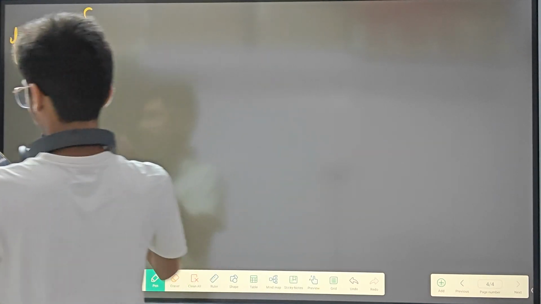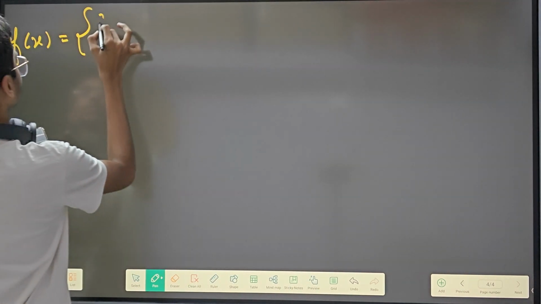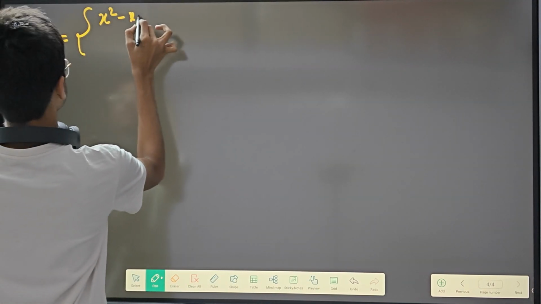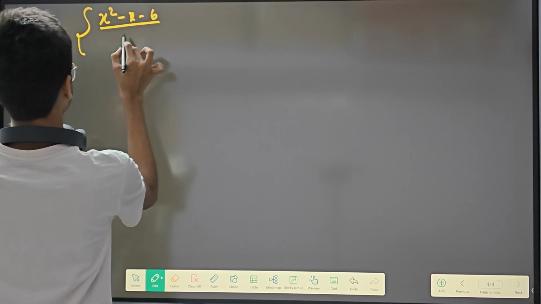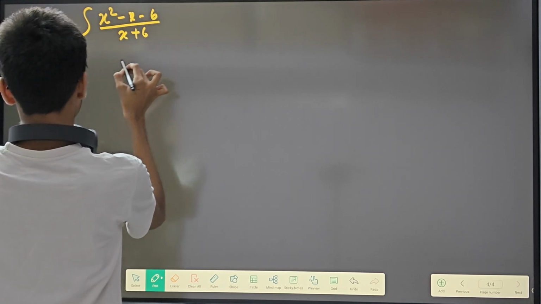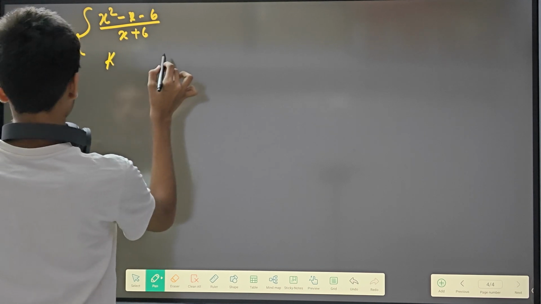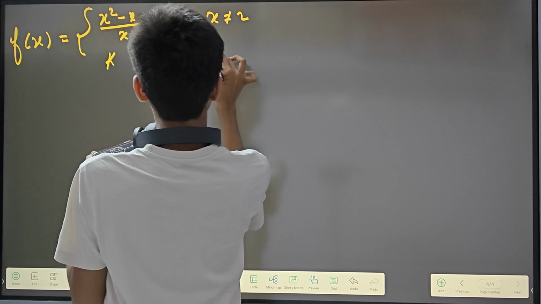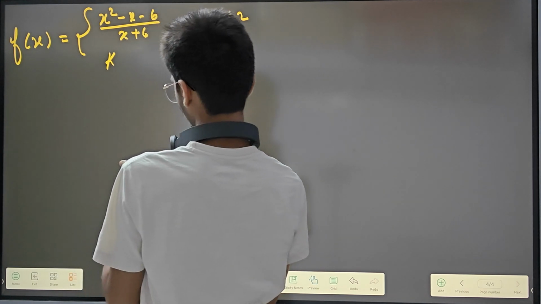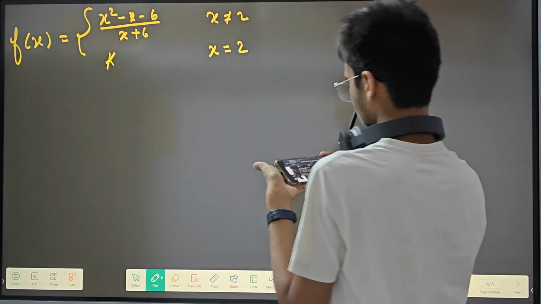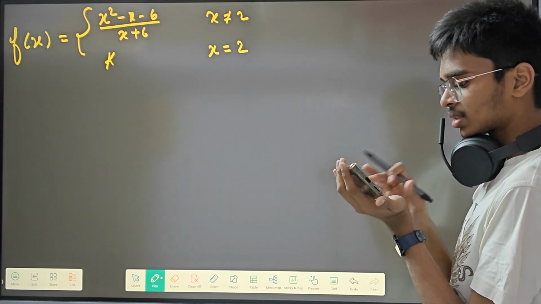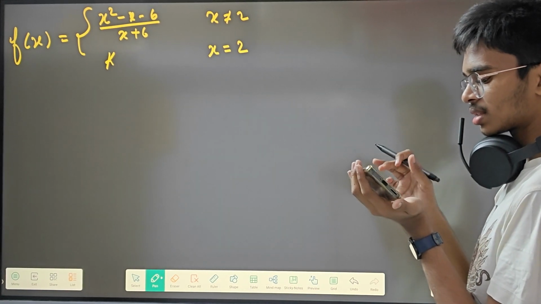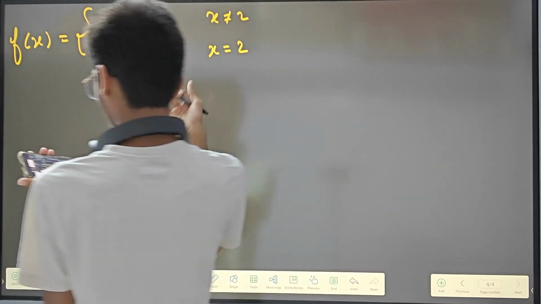Okay, so (x square minus x minus 6) whole divided by (x plus 6), then k. When x is not equal to 2, you have to use this, and when x is equal to 2, then you have to use this. This is the second sum that we are going to do.